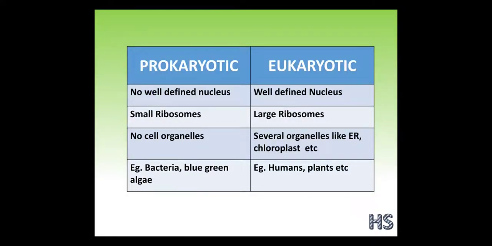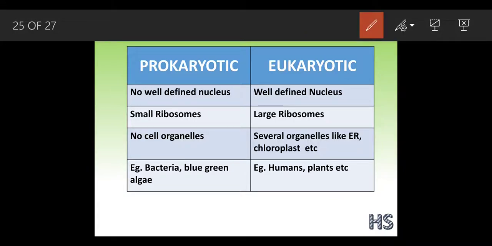Now we are going to learn. We have discussed the different cell organelles. Right now we are going to discuss the prokaryotic and eukaryotic. First we will understand the word pro. Pro means primitive, or in an easier sense, old.